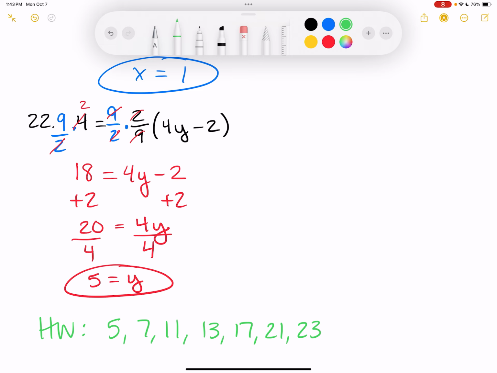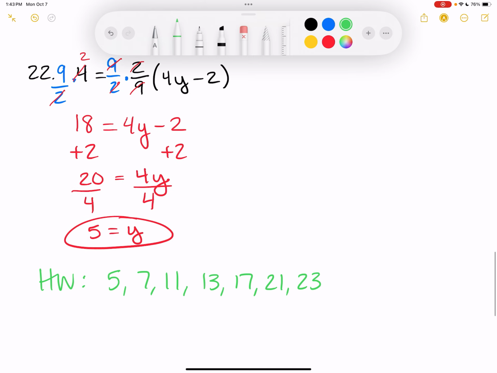So you need to do these first before you do anything else. Then I'm going to give you two worksheets that you need to do as well.